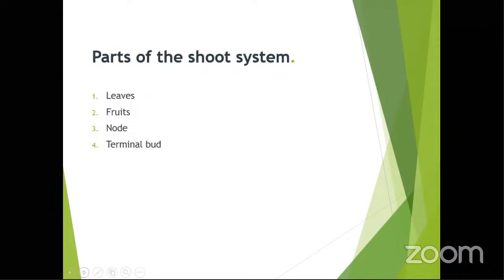In P6, we shall look at the types of fruits, where we shall have the succulent fruits and then the dry fruits. That will be P6. So we also talked about stems, flowers, and then the internode. So these are some of the parts of the plant that we talked about.